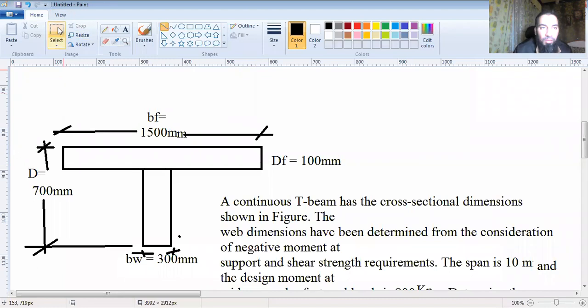Now, obviously, this rectangular portion of the web would be at the center of the flange. Now, how did he get that this BF is 1500 mm in the question? How did he assume that the effective width of the flange is 1500 mm? It's again given in the code.